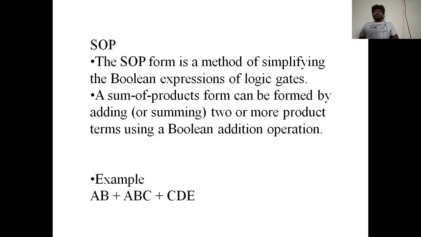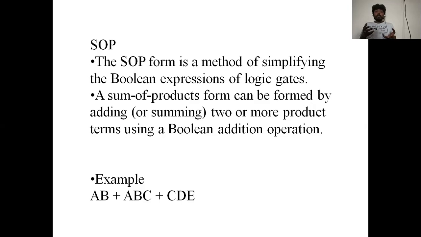And next one is SOP. Here SOP means sum of product. The SOP method is for simplifying the Boolean expression of logic. Actually, the need for simplification is to reduce the number of components. Suppose I need to design a complex logic, I need more number of variables to implement the complex logic.